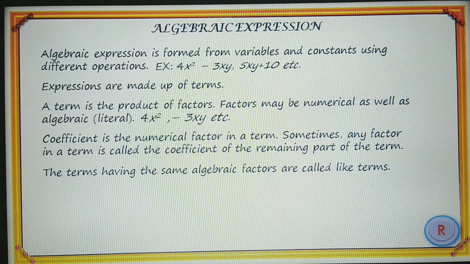The terms having the same algebraic factors are called like terms. For example, 4x square, minus 5x square. Here x square is the same.